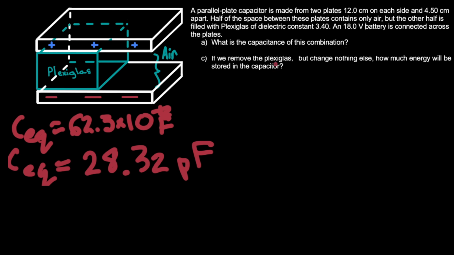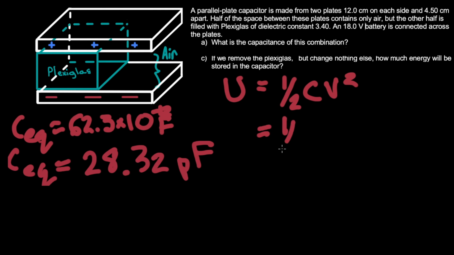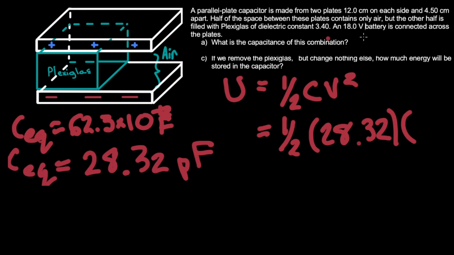So now we're going to want to calculate the energy stored in the capacitor. And the energy stored in a capacitor is given by U is equal to a half times the capacitance times the potential squared. And so we know that the equivalent capacitance of this whole system when there's just air is going to be 28.32, and then the potential across it is going to be 18 because the battery is still present there.